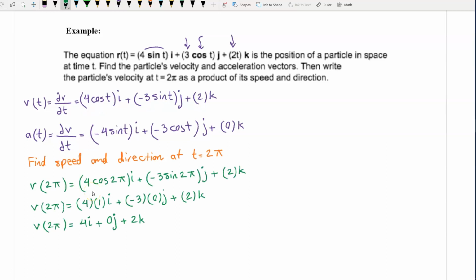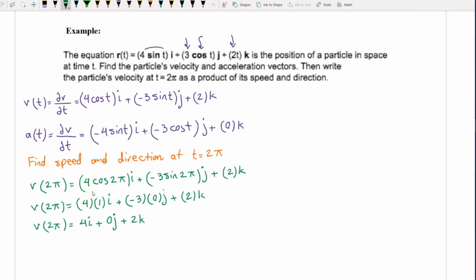Find speed and direction at t equal to 2 pi. So here we have v, and for t we have 2 pi. This is equal to 4 cosine 2 pi plus negative 3 sine 2 pi plus 2k. Cosine 2 pi is 1, and sine 2 pi is 0.